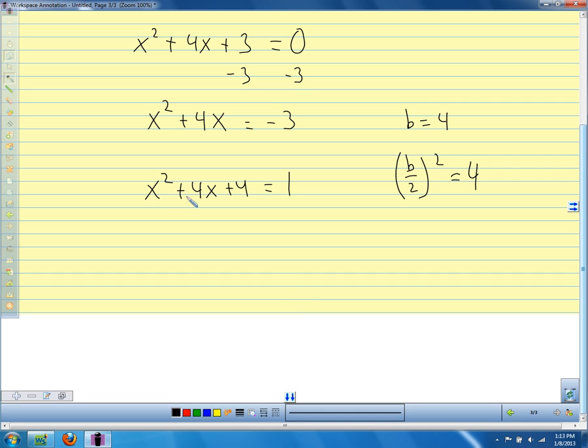Now I'm going to rewrite this side as a perfect square. Just to write out the steps, I'm going to factor it as (x + 2)(x + 2) = 1. So this is (x + 2)^2 = 1. Take the square root of both sides now to finish.